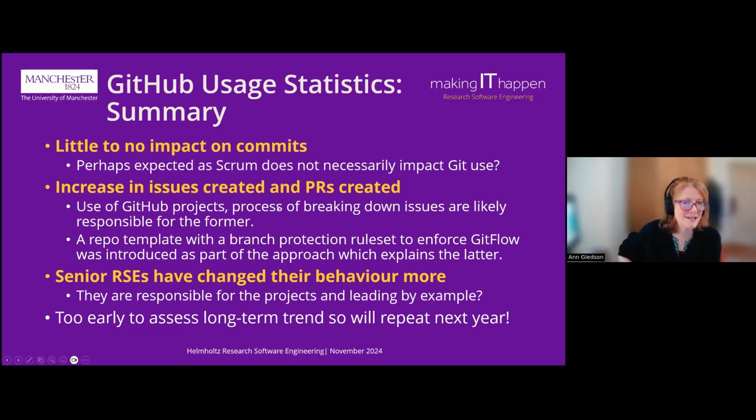The increase in issues created and PRs created: use of GitHub projects and the process of breaking down issues are likely responsible for issues created, and a repo template with a branch protection rule set to enforce Git flow was introduced as part of the approach, which explains the latter, having to generate a PR before it can be committed into the project.